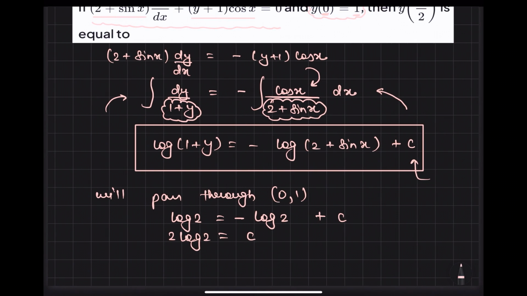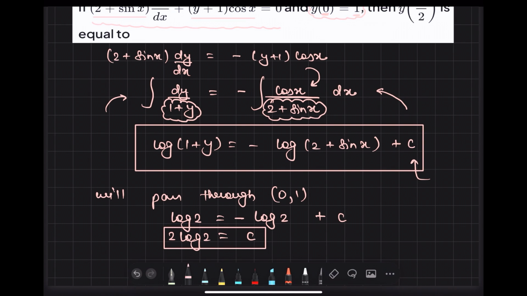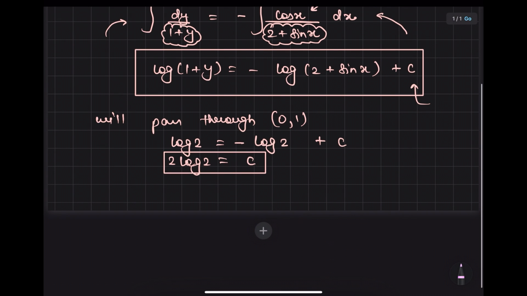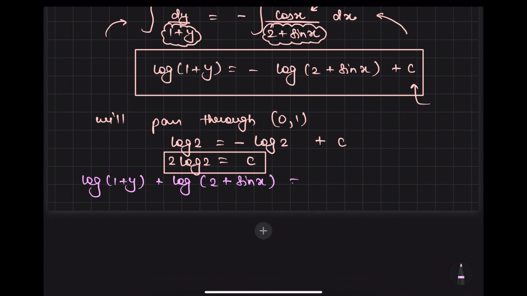Is that clear? Okay, now let's update the curve. So we got our curve as log(1 + y) + log(2 + sin x) = 2 log 2. Can I send this 2 to the argument?